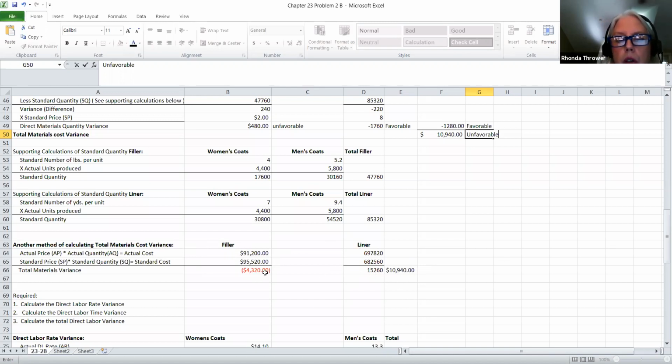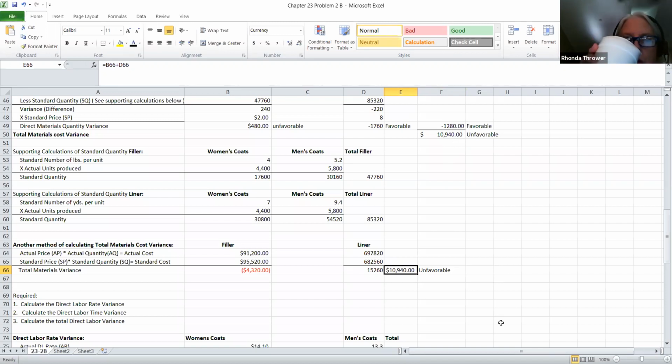So when you combine both of these together, it's still unfavorable. And I should have put unfavorable out here to the side so you know that. But notice how this amount here matches up with this amount up here. And so this is just another method of calculating your total materials cost variance.